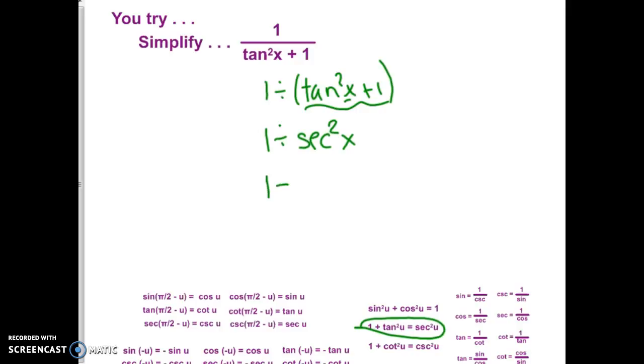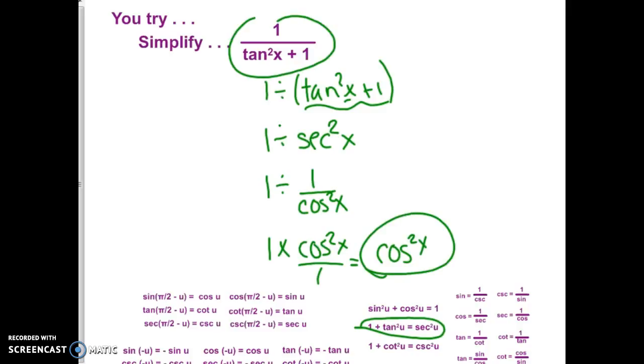Well, I'm going to write secant squared x as 1 over cosine squared x. Now I need to multiply by the reciprocal, cosine squared x over 1, which gives me cosine squared x. So this simplifies to cosine squared x.